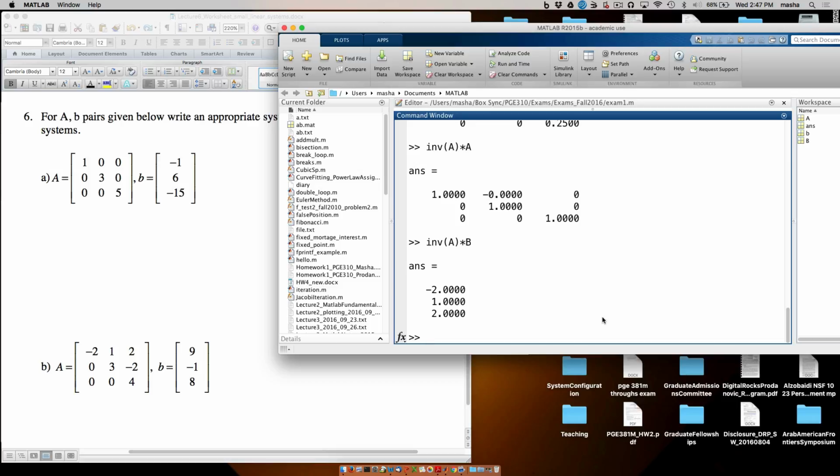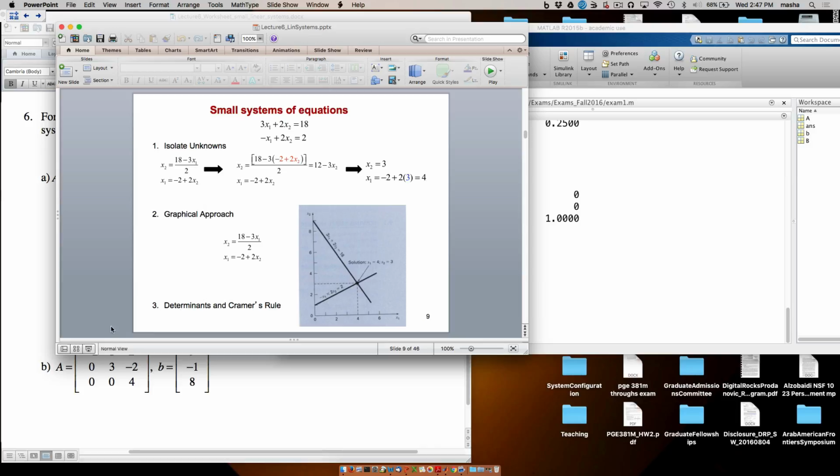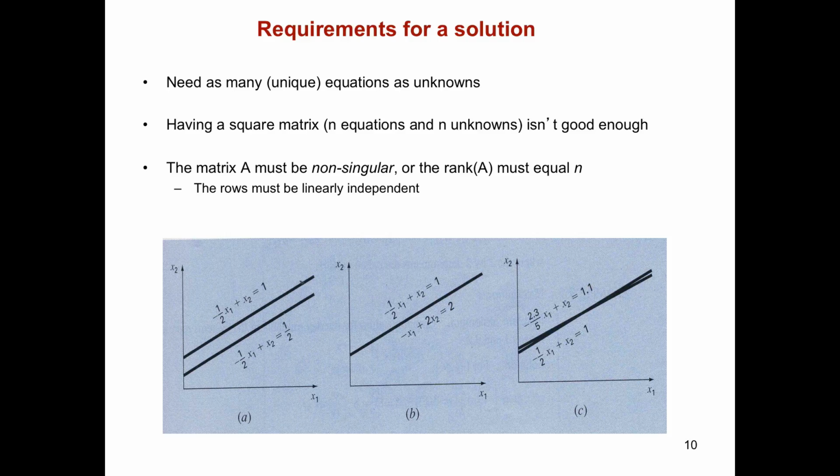Right. So just to briefly go back to my presentation, as a recap, in order to have a solution, and that's also for your numerical algorithms that we will program to work, we need as many unique equations as unknowns.